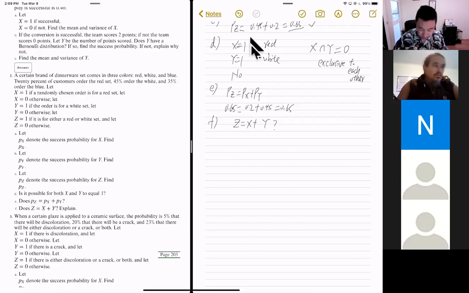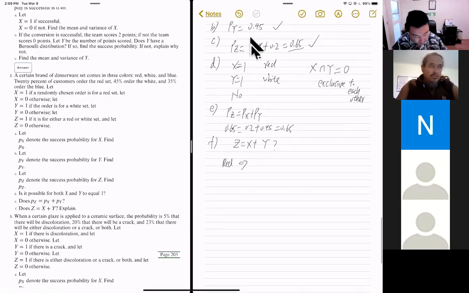Okay, so the first one, if the color is red, and then let's check X, Y, and Z. So if the color is red, X is equal to what? X equals 1, because X is equal to 1 when the color is red. Okay, and Y equals what? Okay, so Y equals 1 when the color is white. So when the color is red, Y will equal 0.